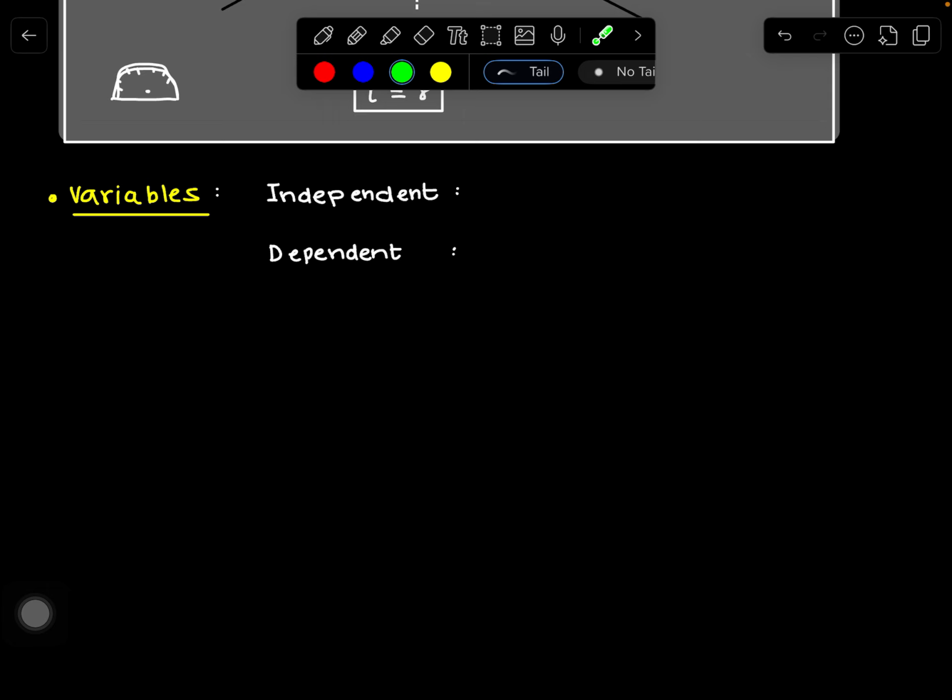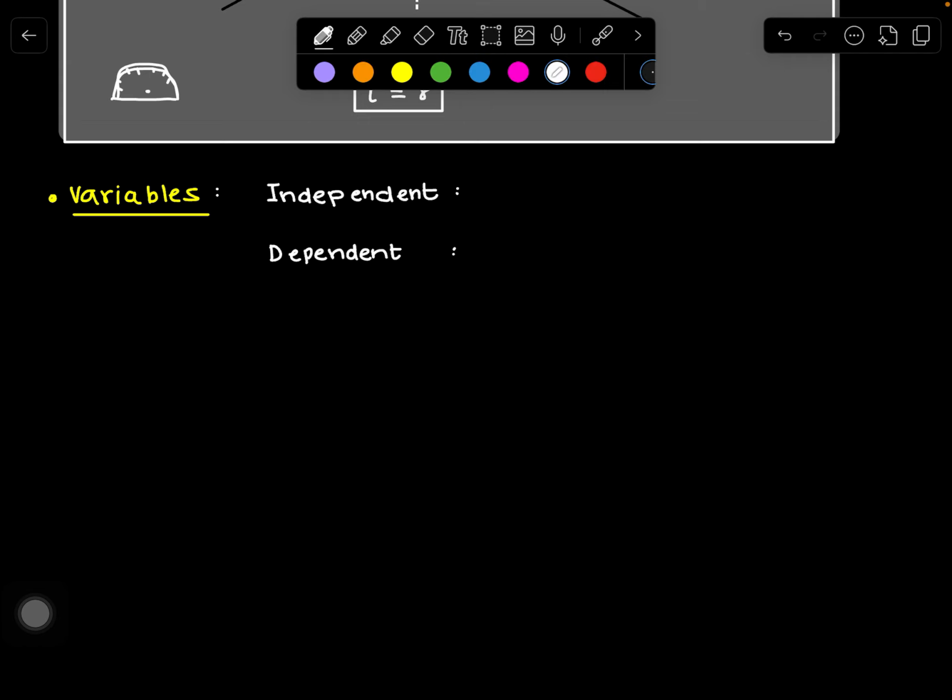The thing that we are controlling, or rather the thing that we are changing, is the independent variable, और उसके रिजल्ट से, उसकी वजह से जो चीज़ चेंज होती है, that's your dependent variable. For example, angle of reflection depend करता है angle of incidence पर, और वो angle of incidence आपके under है, right?